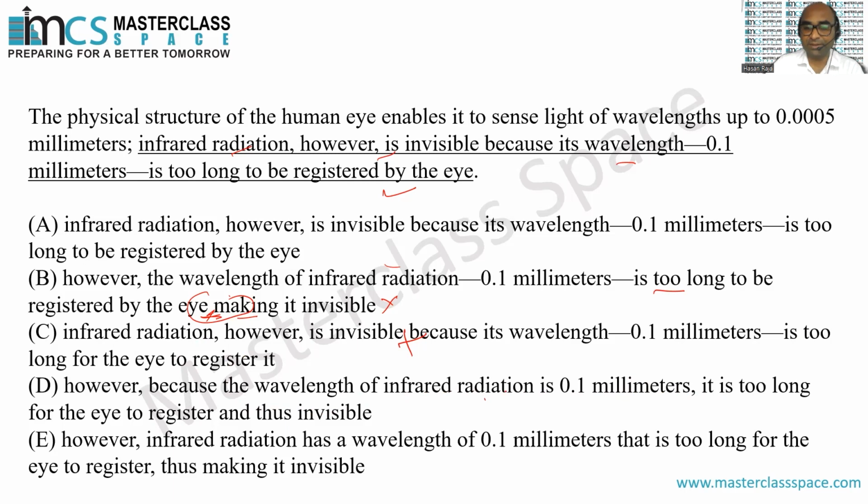What is invisible? Radiation is invisible. So here again the same problem, to register, no, it should be get registered. Thus making is the same as the previous one, and the meaning is infrared radiation has a wavelength of 0.1 millimeter. That is too long, means millimeter is too long. Wavelength should be too long to get registered. Therefore, option E out, A becomes the answer.